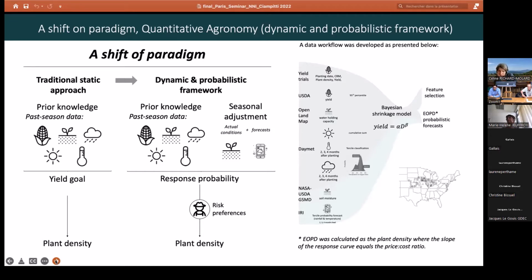And I'm happy to see that another student here in the room is also working in this direction, integrating data from the field and from the growth chamber in crop modeling, and thinking about decisions.